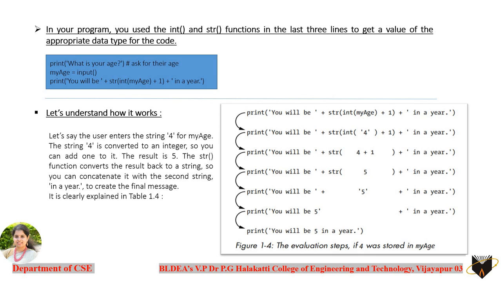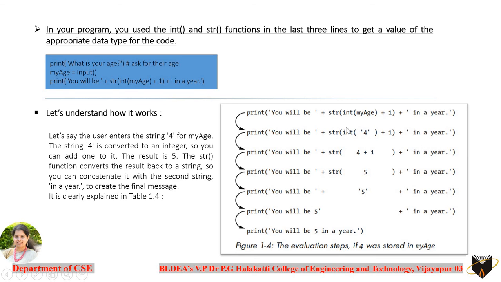You can see here, print str of int of my age plus 1 in a year. Assume, as in the same example we discussed earlier, my age has been given as input 4. So in the first execution step, my age is a string; you can see 4 has been enclosed in single quotes, plus 1 in a year.